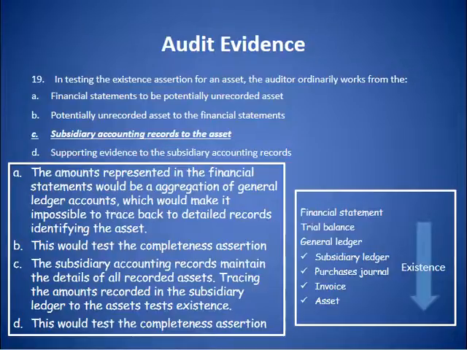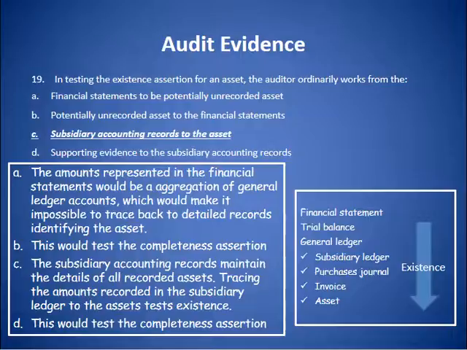If we take a look at each of these items, A, the amounts represented in the financial statements would be an aggregation of the general ledger accounts, which would make it impossible to trace back to the detailed records. Plus, in effect, it's basically not really possible.